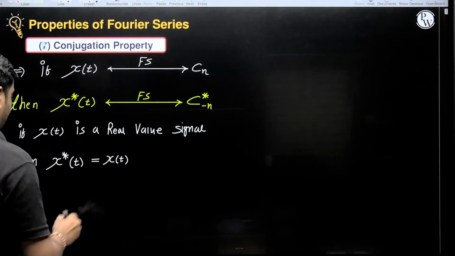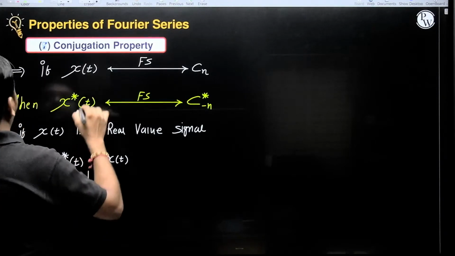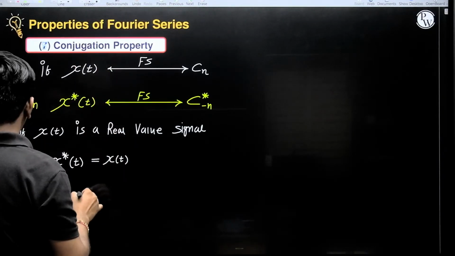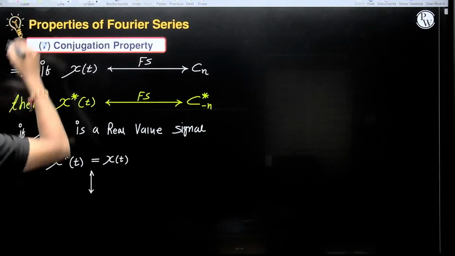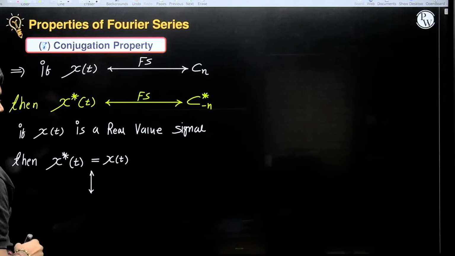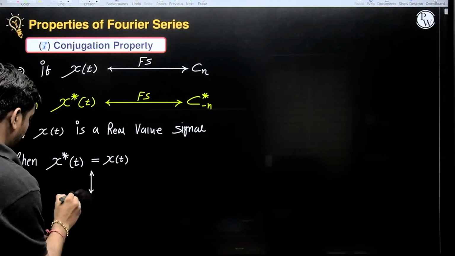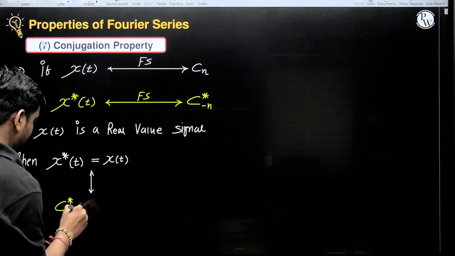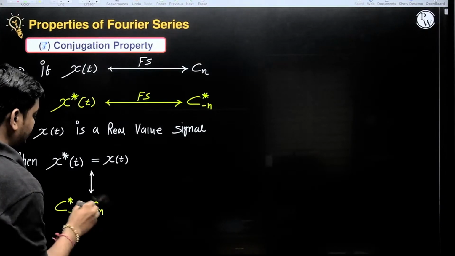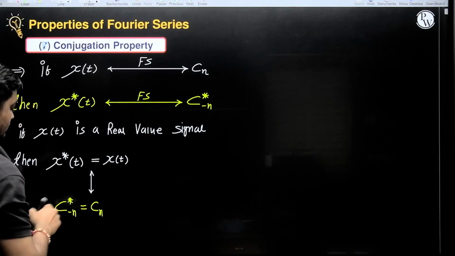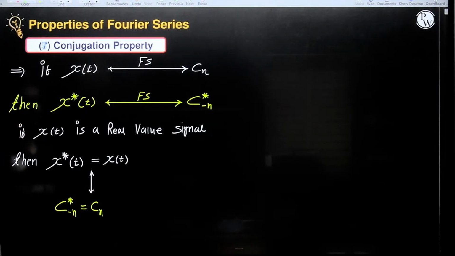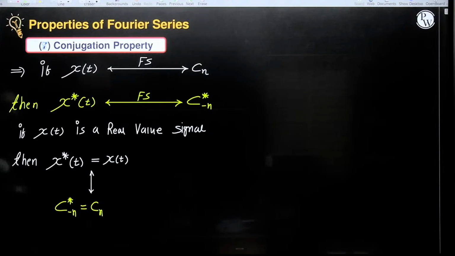Then for the corresponding Fourier series coefficient, in this case we can write C conjugate of minus n is equal to Cn, guys. So this is a very important property, guys.